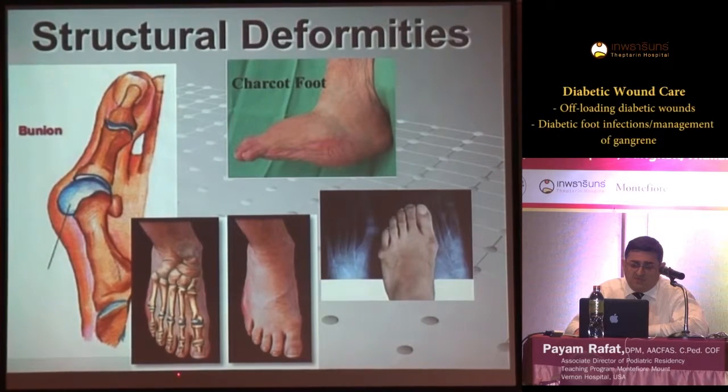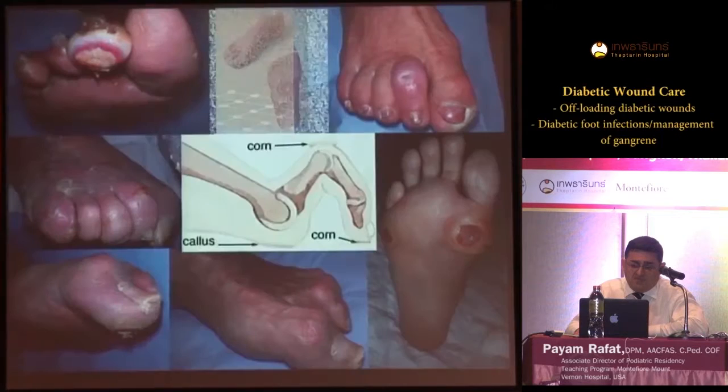People with tailor's bunion deformities on the outer side of their feet will have more pressure on the outer side, and patients with Charcot foot deformities with midfoot breakdown will typically have plantar midfoot callus formation and potential ulcerations.